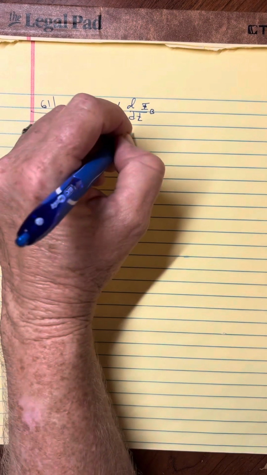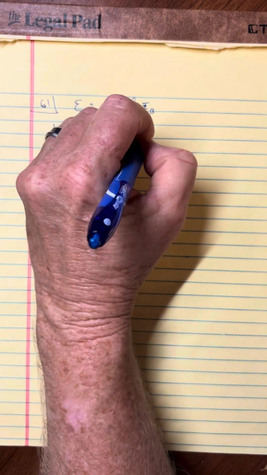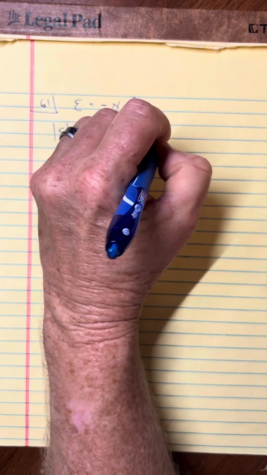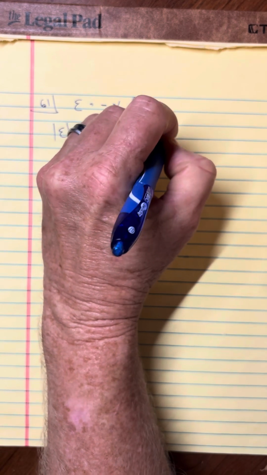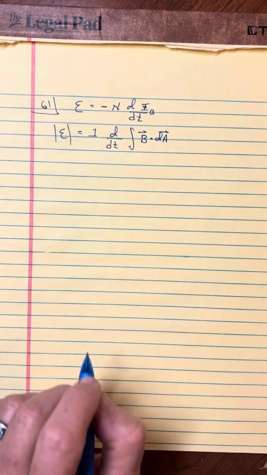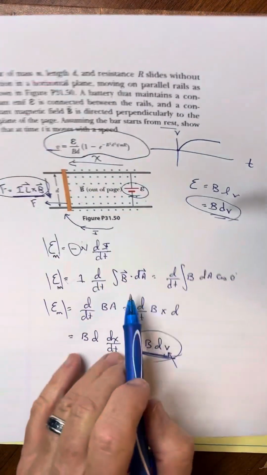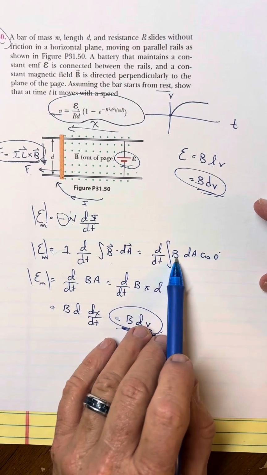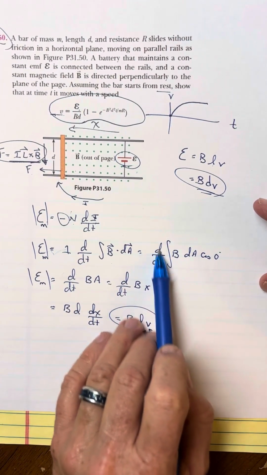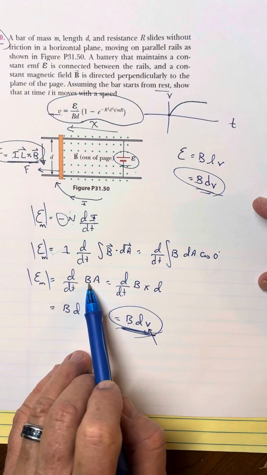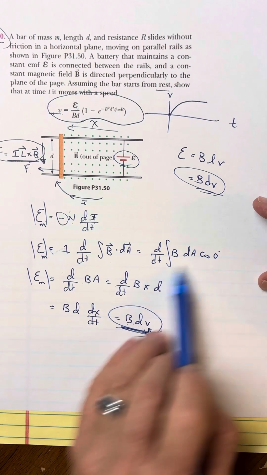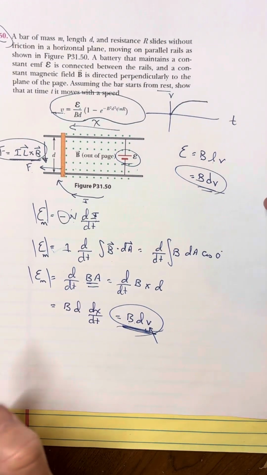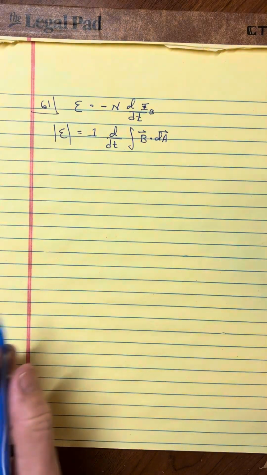The flux is a little bit harder to mess with, because in the last problem we said, this is the easiest one to do flux because the magnetic field is a constant, and we just bring it in front of the integration sign, and then we have an integral of dA, which is just A. We don't have that this time.